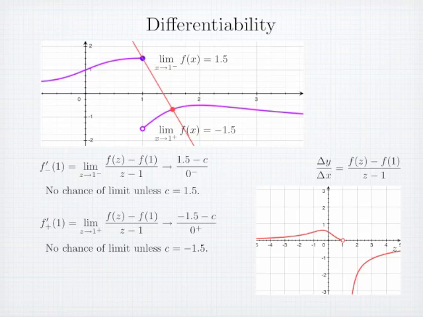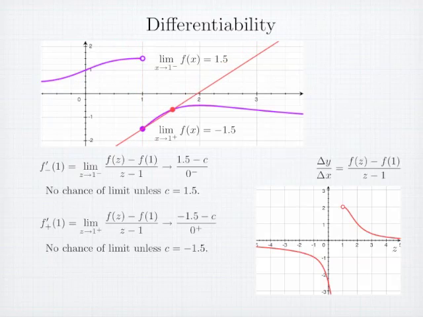The graph below that shows the slope of the secant line has a vertical asymptote on the right that's going down to negative infinity. And so we would say the limit from the left at 1 is 0, but the limit from the right doesn't exist. We have a left derivative.